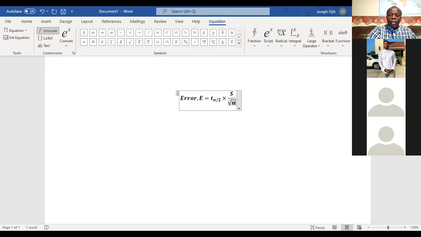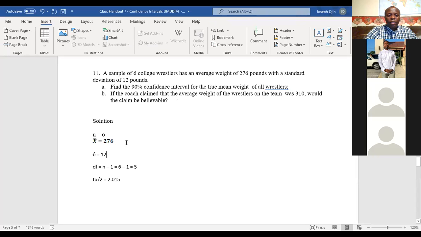So putting all this in, we have t alpha over 2 from the values I just listed out. n is 6, t alpha over 2 is 2.015, and the sample standard deviation s is 12.